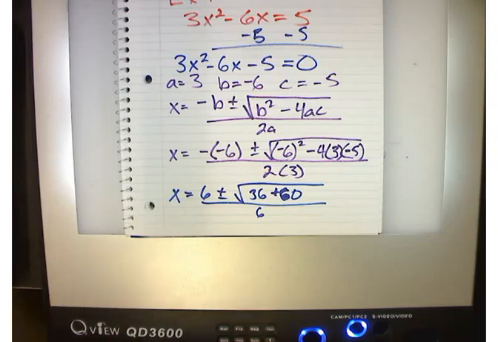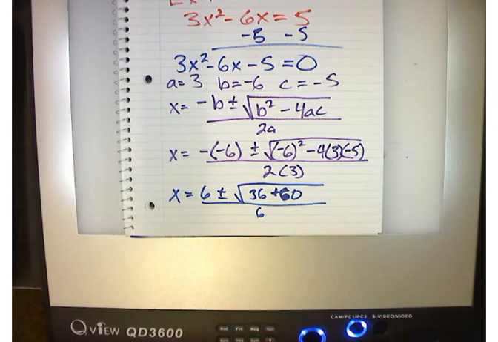Okay. So now in the next line, I gotta grab some more paper here. In the next line, what we need to do is start to simplify that. Now technically we could enter that in the calculator right now and we would have an answer.